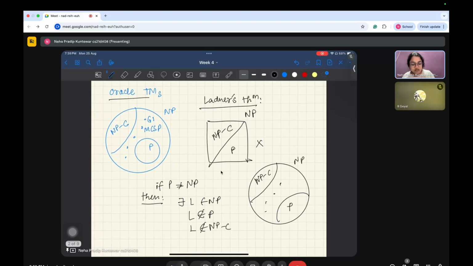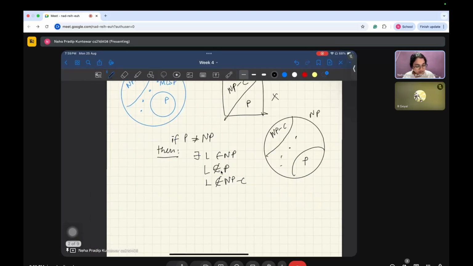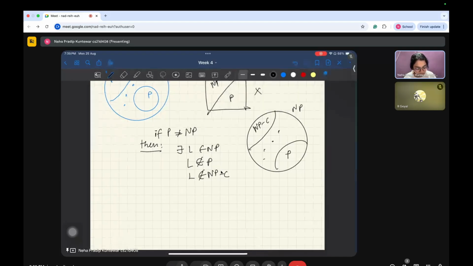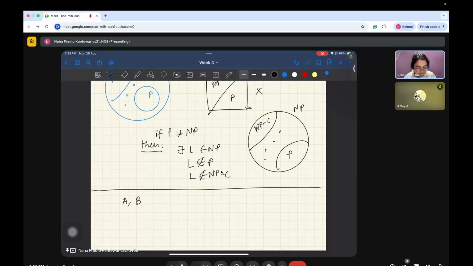So the Oracle Turing machine gives us one way of defining a measure. It's not just within NP, but in general, we are defining how hard one language is compared to the other. So let's say A and B are both hard problems, and let's say A has access to a SAT oracle.